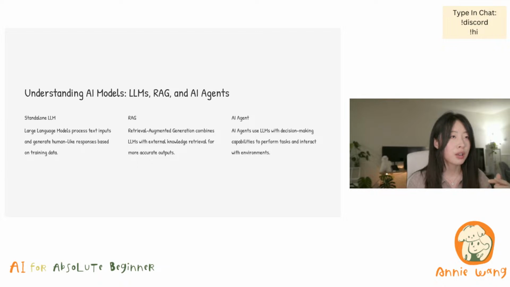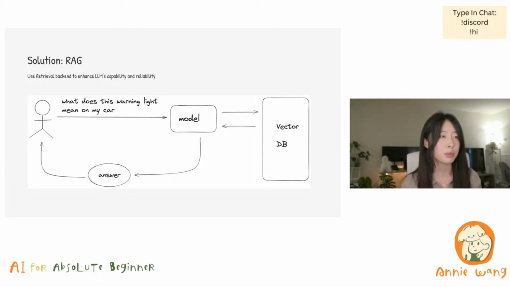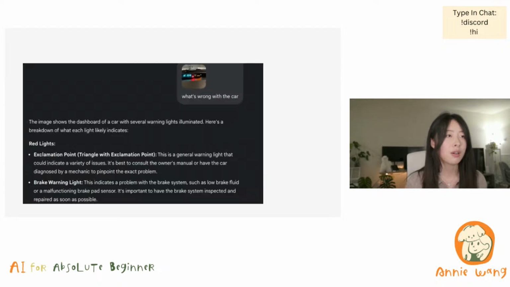So today we are introducing the concept of AI agent because even though RAG can add this information retrieval ability, if we want to build something more complex, for example, if we want to add more features, in this scenario, we are asking, hey, what is going on with my car?